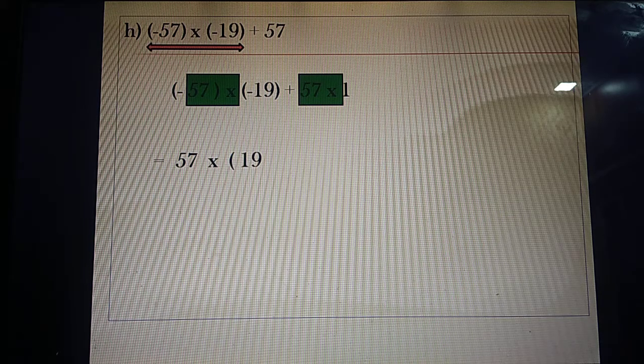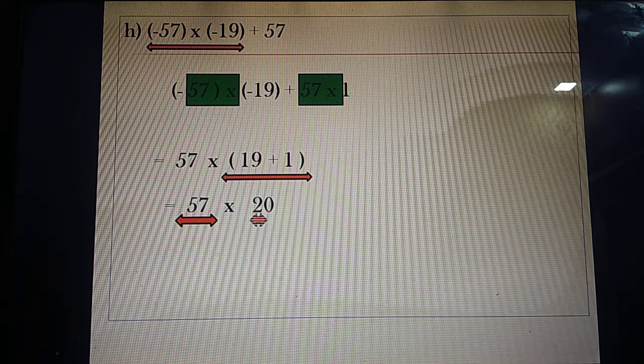Finally, you can write it as minus 19 and then plus 1. Now, when you solve it, you will get 57 into 20. Now, just multiply 57 and 2. Yes, the answer is 114 followed by 0. This is your final answer.